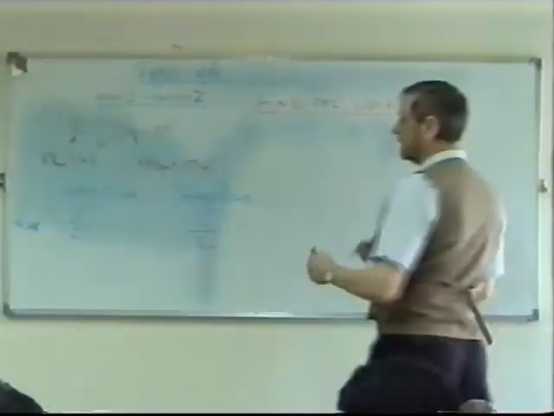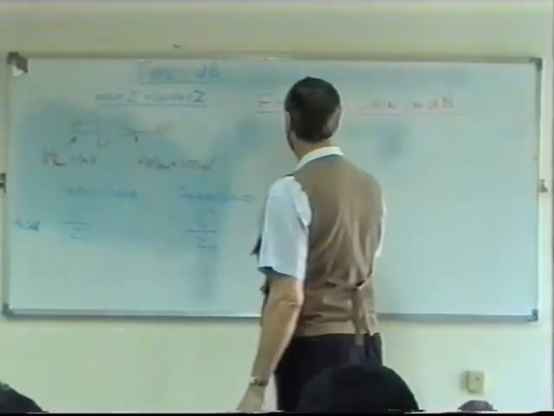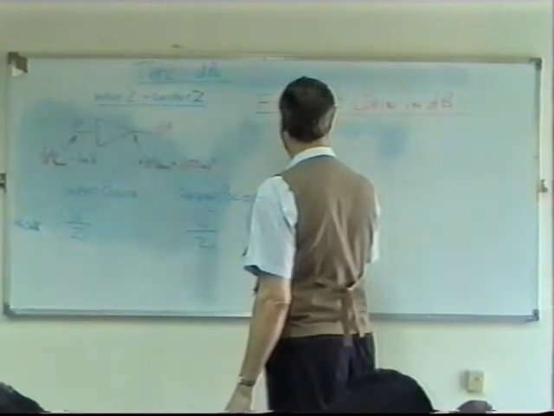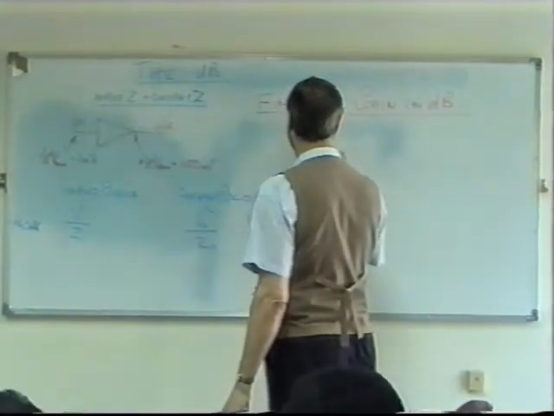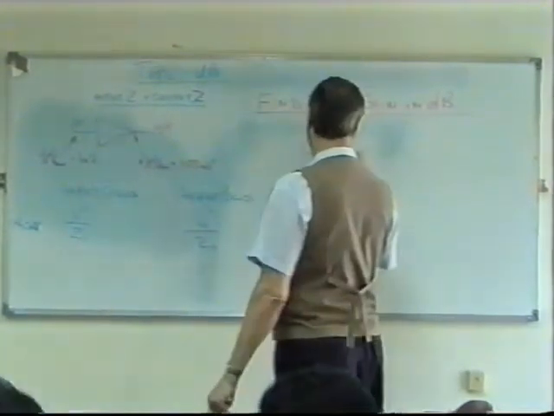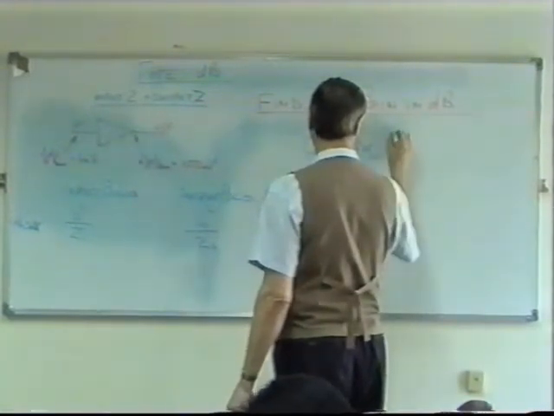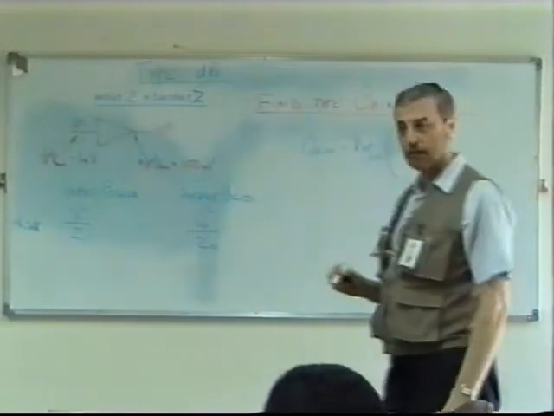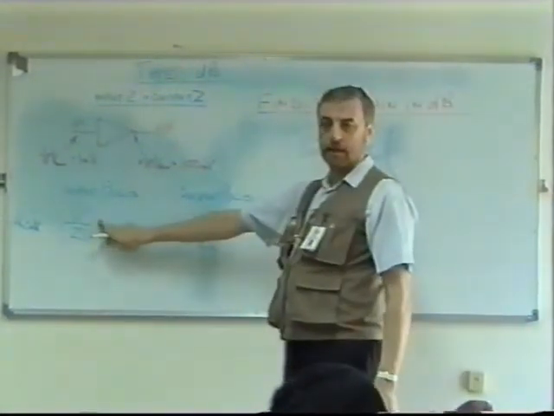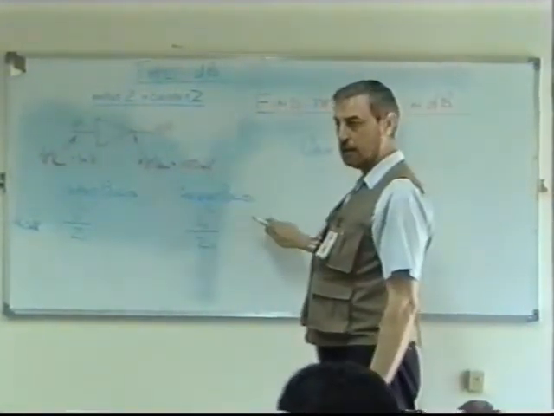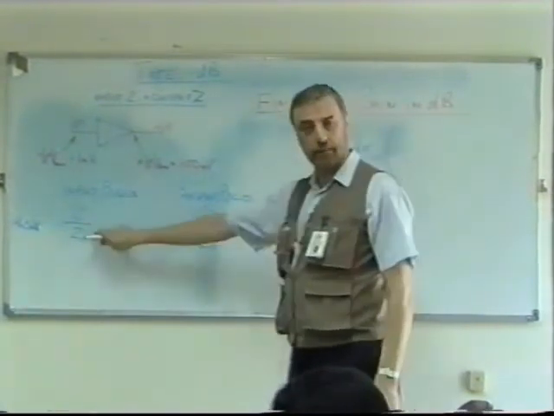So, rewriting this, the gain, using exactly the same formula as before, is logarithm to the base 10 of our ratio of powers. This is our input power, that's our output power, and it's output divided by input, isn't it?